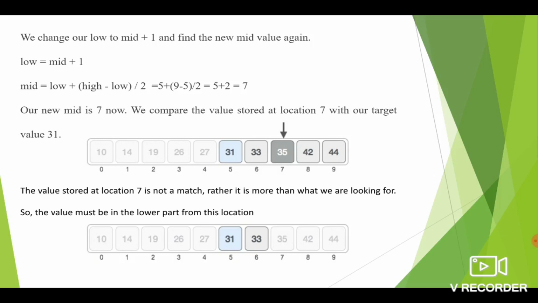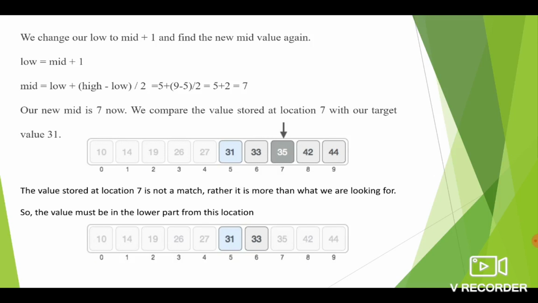Again you have to compare the middle element with our searching element. The element at index 7 is 35. So 35 is compared with 31. Since the searching element is less than the middle element, you have to narrow the search to the left half of the array.